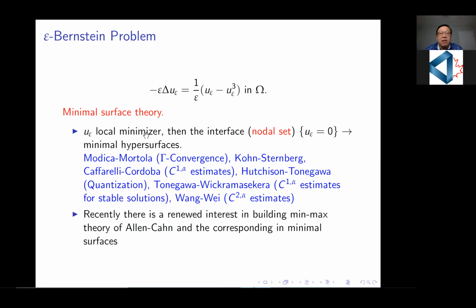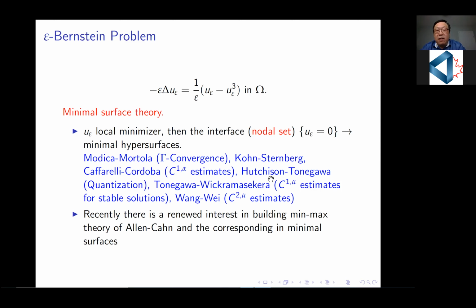The connection between the Allen-Cahn equation and the Bernstein problem was studied long ago: Modica and Mortola in the 70s by gamma convergence, and Kohn and Sternberg in gamma convergence in 89, and Caffarelli and Cordoba proved C^alpha estimates for interfaces.